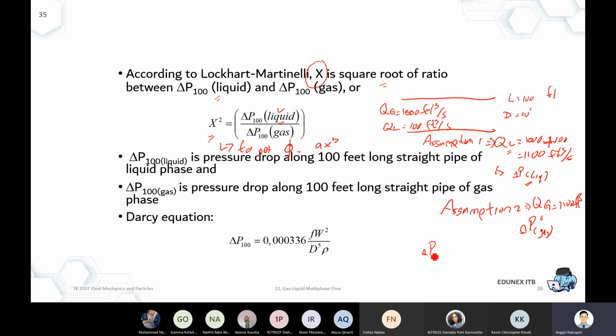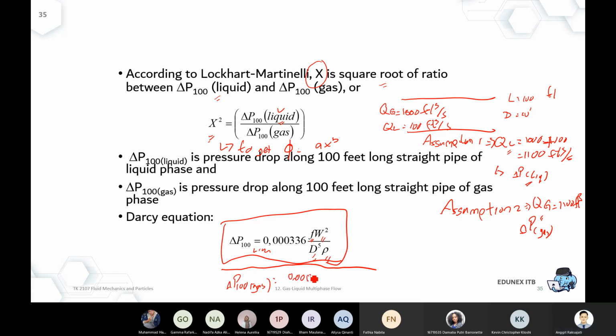The Lockhart-Martinelli approach tells you that the delta P can actually be calculated as a function of friction factor, kilogram per second, meter of the pipeline, and density. Now try to imagine you have the delta P of the liquid per delta P of the gas. Now I have another equation over here. Assuming that's the liquid, now that's the delta P of the gas. What will happen? I will have the same constant. I have the same friction.